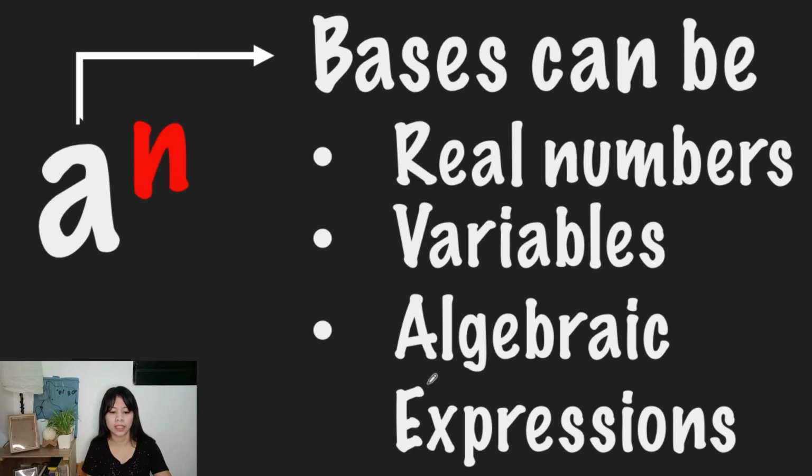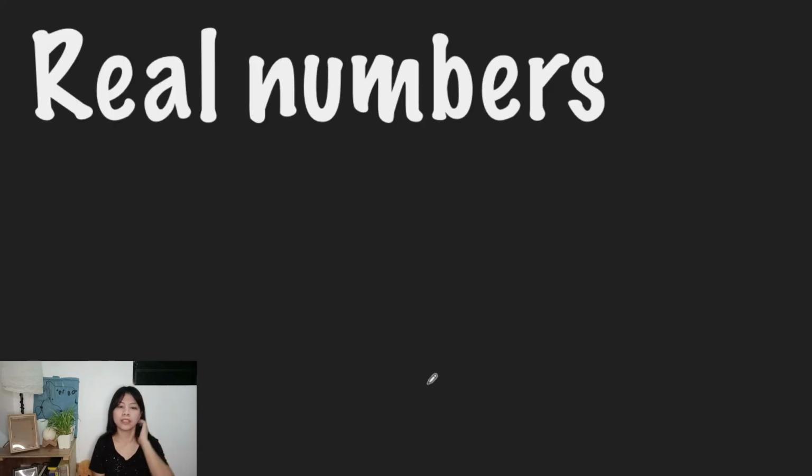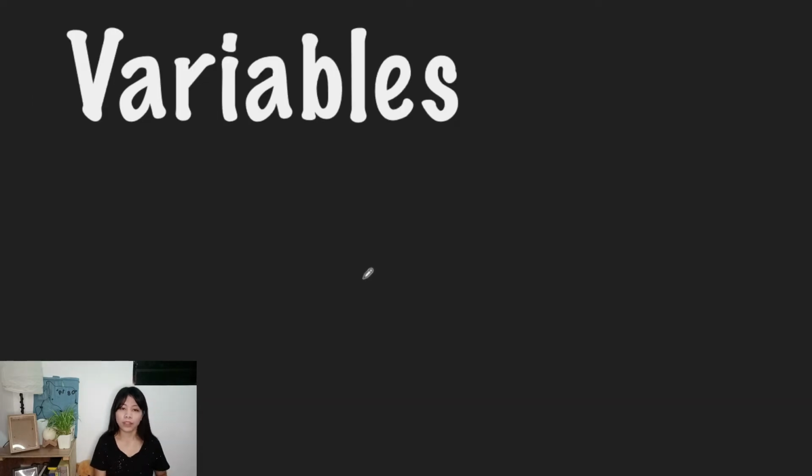So, isa-isahin natin, ano ba yung real numbers? Ang real numbers po, yun yung positive and negative whole numbers, or this can be called integers. Also, it can be zero. Ang variables naman po, yun yung mga unknowns or yung mga nagva-vary. Sa algebra, we represent the unknowns as x, o kaya y, z.